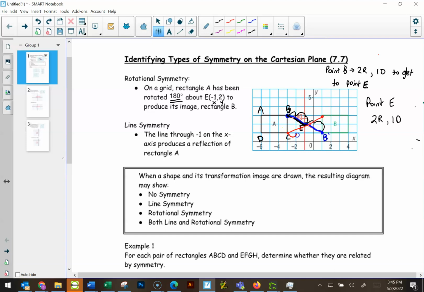So from point C, if we go 2 right, but 1 up instead of 1 down, I get to point E. So then I go from point E. If I just repeat that, 2 right and 1 up, watch what happens. So from point E, I'm going to bounce 1, 2 right, and then 1 up, and I get to exactly the point that I thought I would get to.